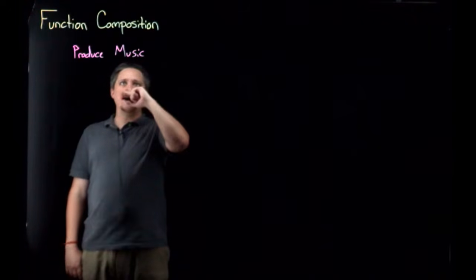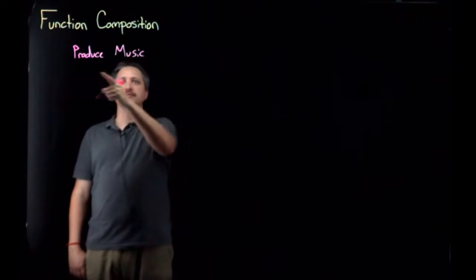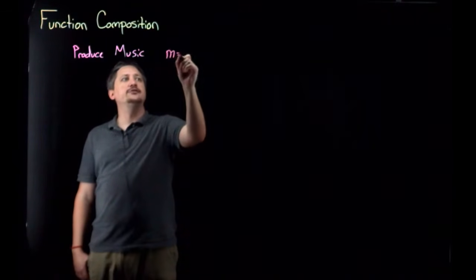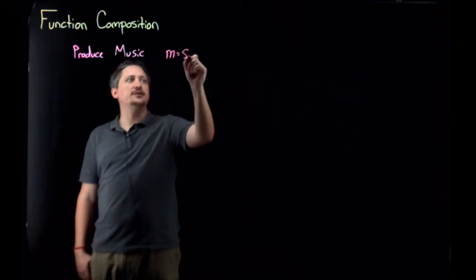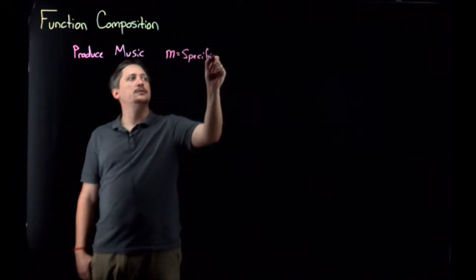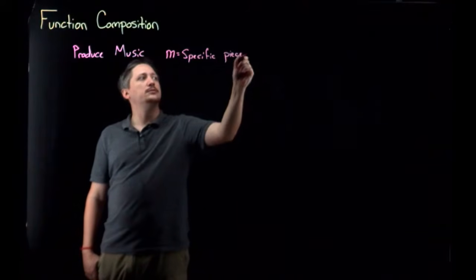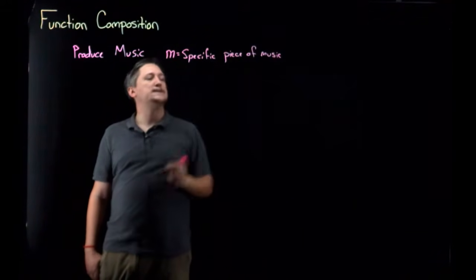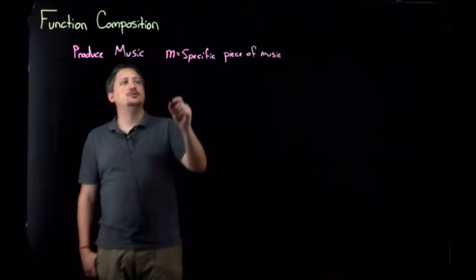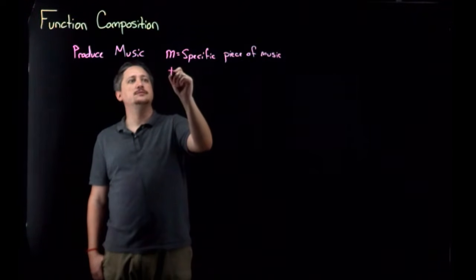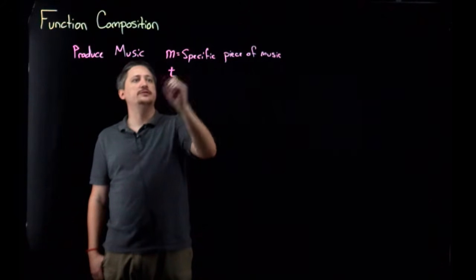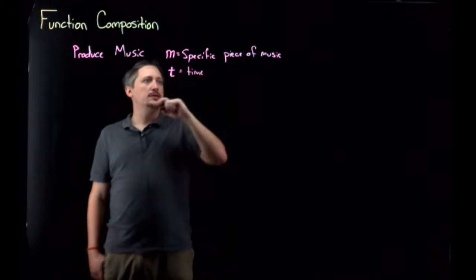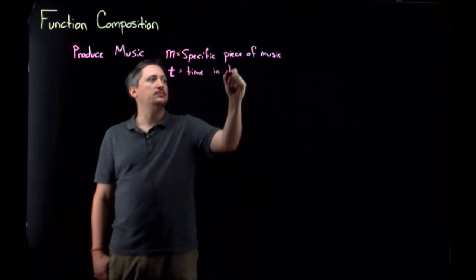On the one hand, given a type of music, say M is the variable for a specific piece of music, then we could look at T. I'm going to make it clear that it's a T. This is the time in, let's say, hours.